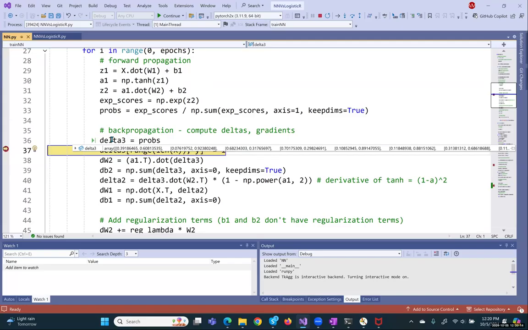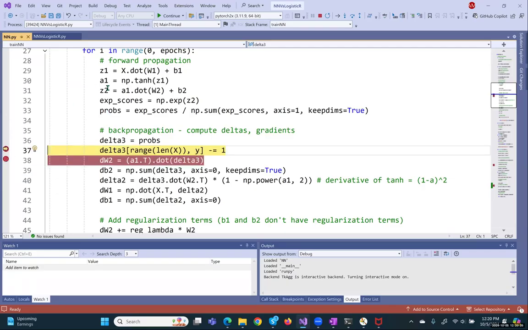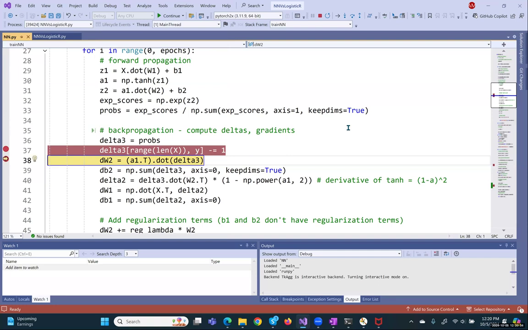Two outputs, so 0.39 and 0.60. As we now try to compute the delta, like I said, it will subtract 1 from those values where the target was supposed to be 1.